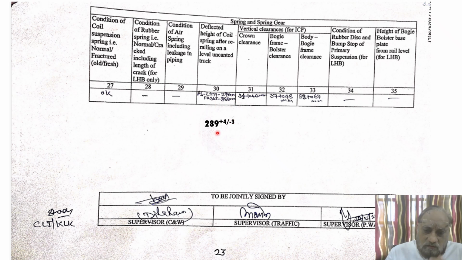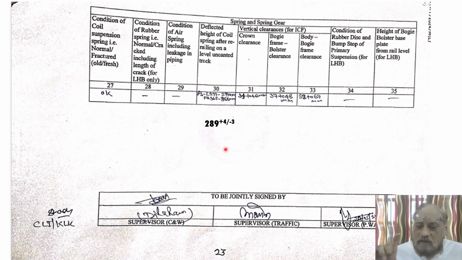So this is minus 3, meaning 283 to 293. Minus 3, sorry, 286 to 293. So this is 277 and this is in the same range. So we can see the difference over here.